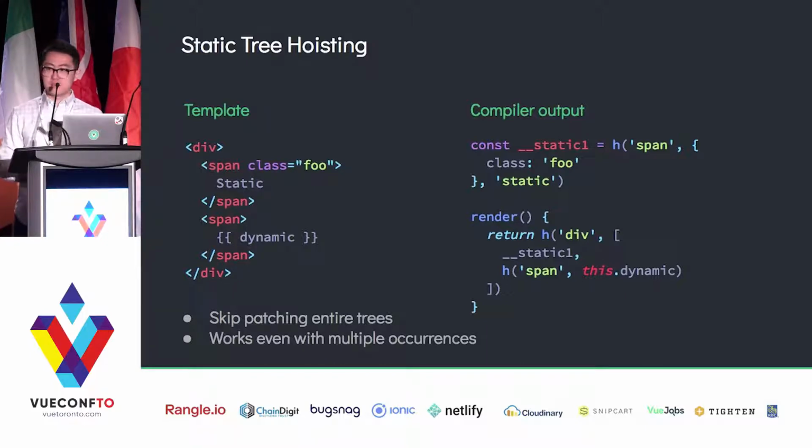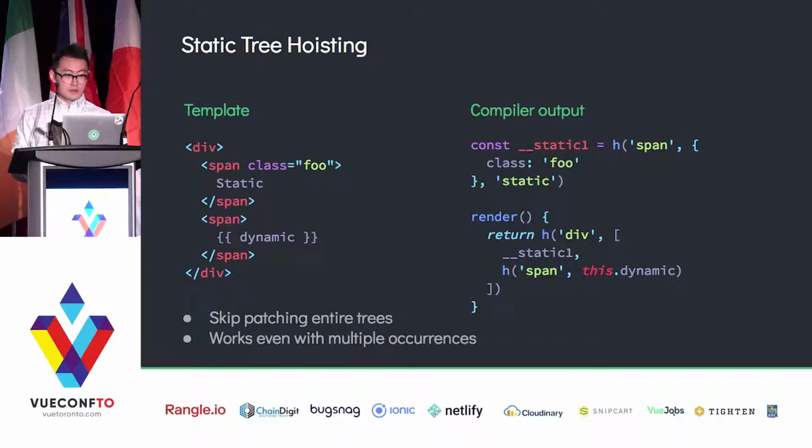So this is just a constant tree, and we reuse the same tree on each re-render. And for the diff algorithm, first we avoid the cost of repeatedly creating these objects and discarding them, the memory garbage collection cost, and then in the diffing process, because this is a constant, we see it's the same on each pass, and we just skip the whole tree. So we're not doing any unnecessary work.